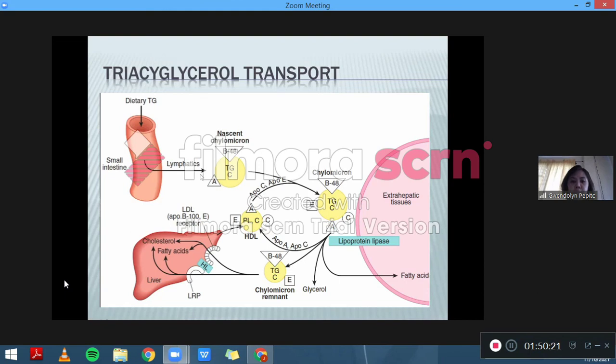For cholesterol, know the basic 5 steps for cholesterol synthesis and the regulation. Those are the important ones for your cholesterol. And then the eicosanoids, the differences between the cyclooxygenase and the lipooxygenase.